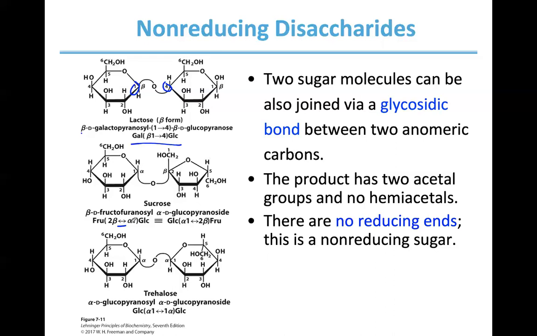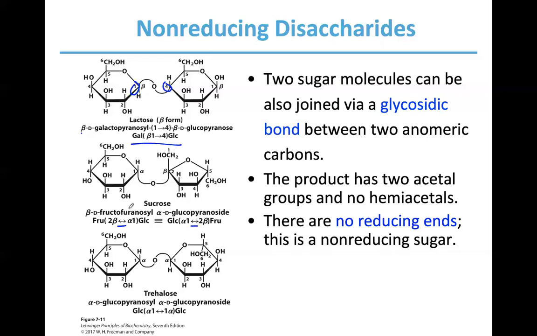And it doesn't matter which way you go. So you can see fructose on the left, glucose on the right, or glucose on the left, fructose on the right. This is the type of arrow you will use, which tells you that both of these are anomeric positions and you can start with either one.